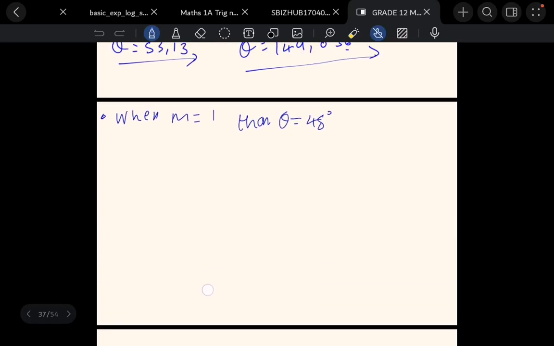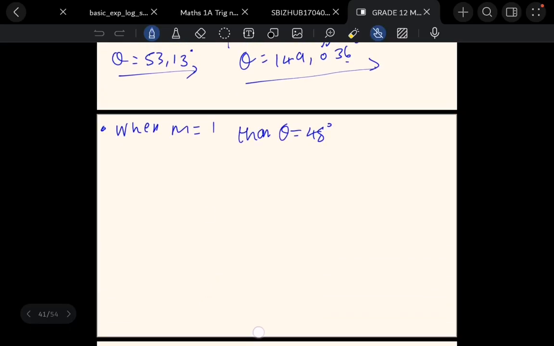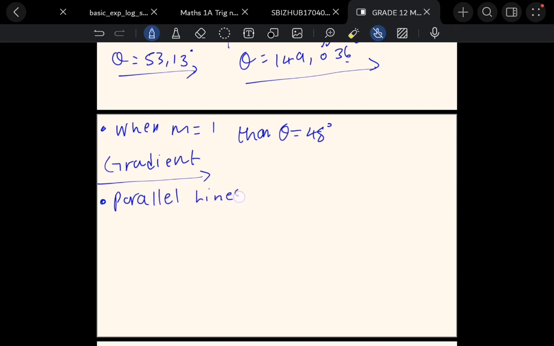Right. On gradient, parallel lines will have equal gradient.